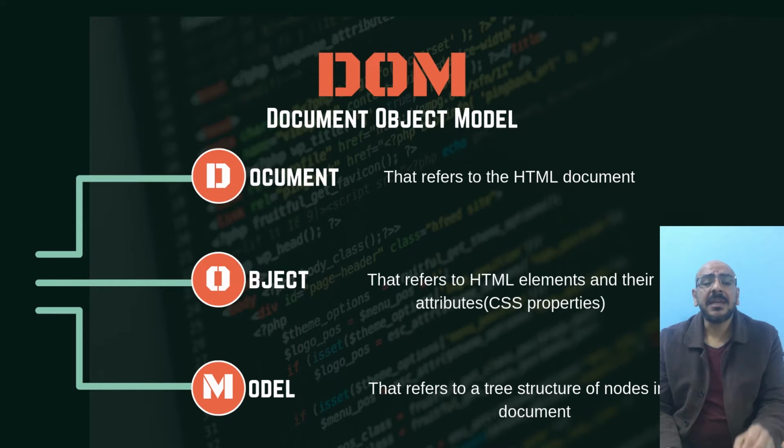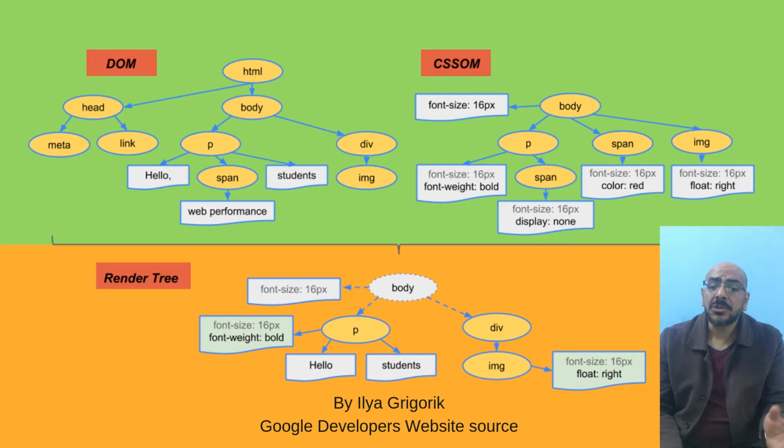Now, we can take a look at the DOM tree, which is a tree structure of HTML elements, starting with the main HTML element and descending to the two major elements, the head element and the body element, and their own child elements.